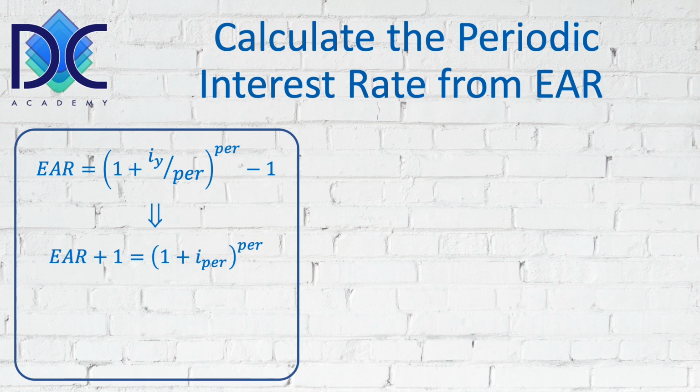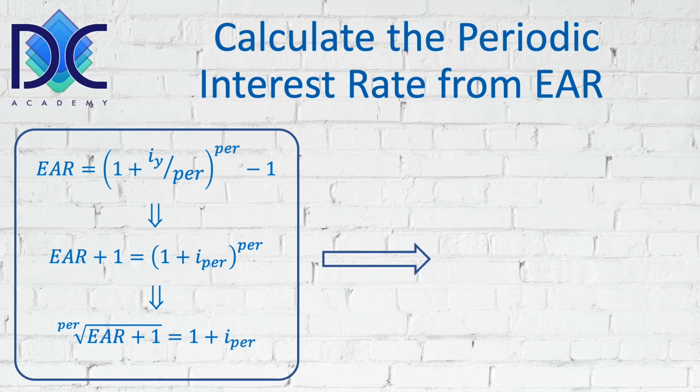We find the effective annual rate plus 1 is equal to the compounded interest. And now we take the root, the nth root, n equal to the number of periods, of the effective annual rate plus 1. And we find that now we have on the other side, on the right-hand side, 1 plus the periodic interest rate.